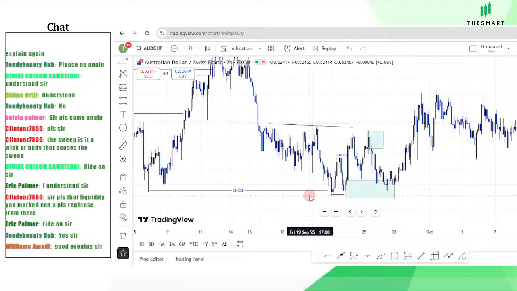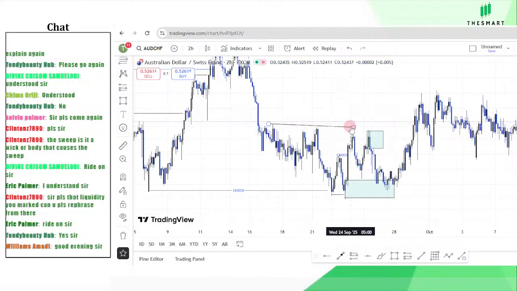Price should clear the liquidity at that point first, and once it does, we'll look for a valid change of character. Having this valid change of character here, you then trade in the direction of the liquidity.